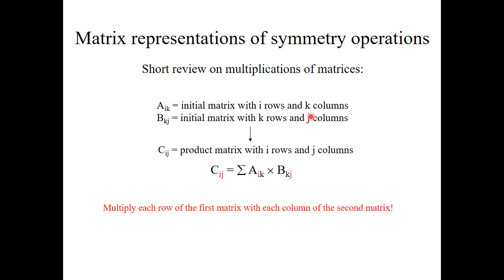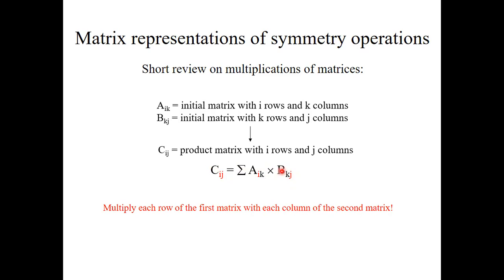So that gives a product matrix with i rows and j columns. So the number of rows of the product matrix is equal to the number of rows in the initial matrix A, and the number of columns of the product matrix is equal to the number of columns in the initial matrix B.